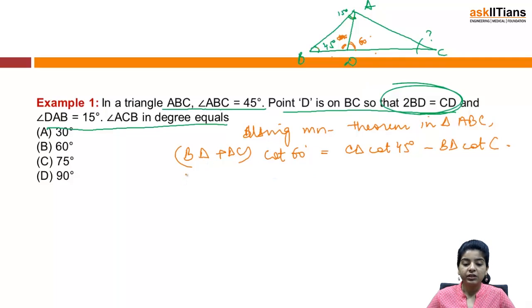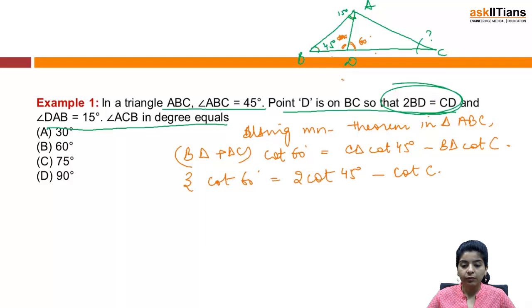So BD plus DC is 3, since it's given 2BD is CD. 3 cot 60 is 2 cot 45 minus 1 cot C, because BD by CD would be 1:2.